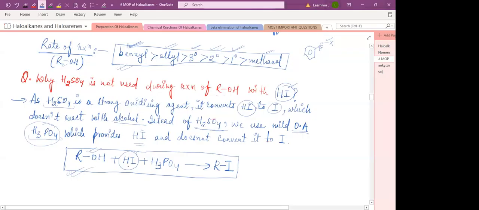In this case, you will not take sulfuric acid, because sulfuric acid is a strong oxidizing agent. It can easily convert HI to I2, and it doesn't react to form RI. That's why you take H3PO4, because it's a mild oxidizing agent. So it doesn't convert HI to iodine, and you can achieve your desired product, the alkyl halide, RI, alkyl iodide. Got it, or any question?